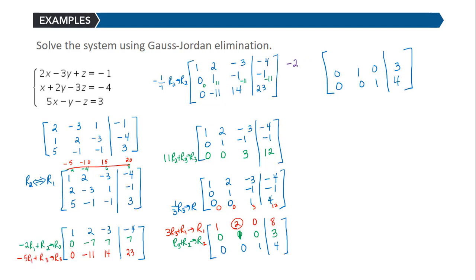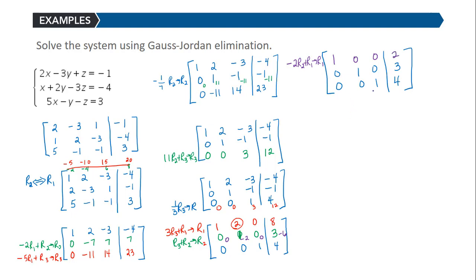Negative 2 times row 2 plus row 1, and that will give me a new row 1. So let's see what that is. Negative 2 times row 2, it's going to be 0, negative 2, 0, and 3 times negative 2 is negative 6. So when I add those to row 1 entries, I get 1 plus 0 is 1. 2 plus negative 2 is 0. 0 plus 0 is 0. And 8 plus negative 6 is 2.